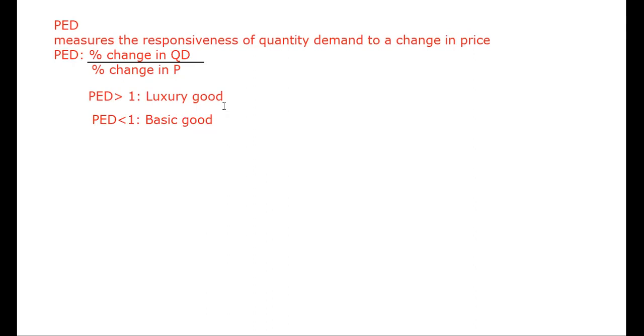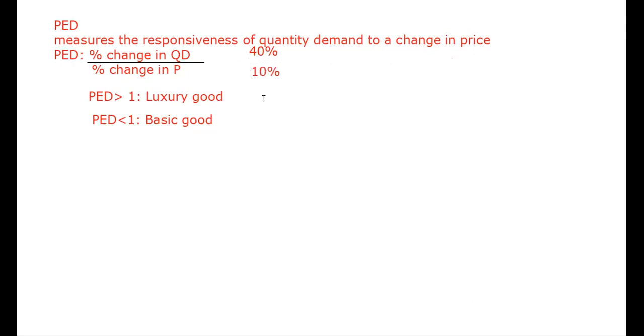What is the good? It could be pizza, those types of goods which are luxuries, because only a 10% increase in price causes the quantity demanded to decrease by maybe 40%.